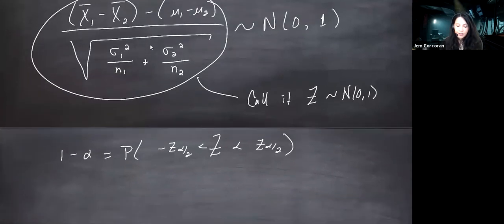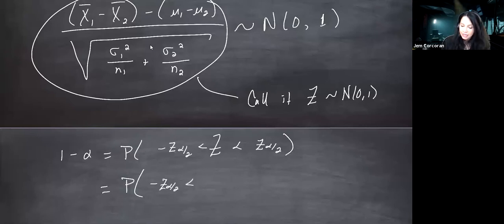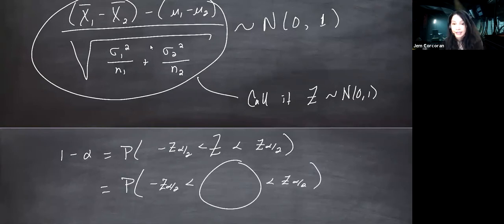And then I'm just going to plug in what we have, which I will spare you. Negative Z alpha over 2 less than the giant circle, less than Z alpha over 2. I'm on a tablet, and this is literally what cut and paste is for, but the thing in the circle is still the thing in the circle.